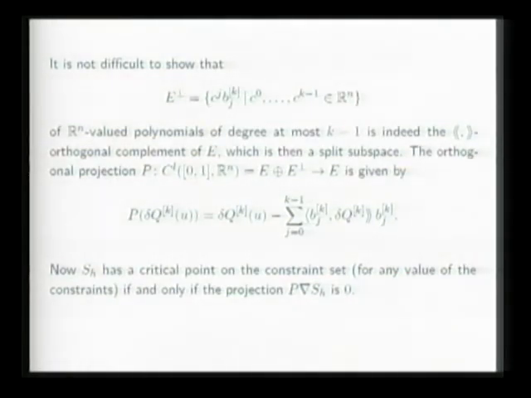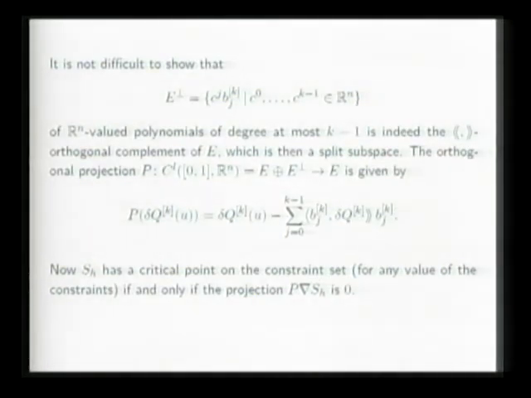So we have a projection from E times E perp to E, which is given by this familiar-looking formula. You just take your vector delta qk. You just compute like this projection and use that as a coefficient for Bj.